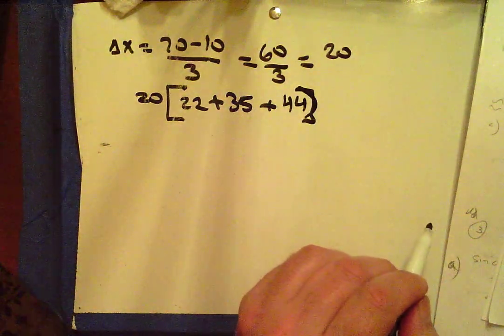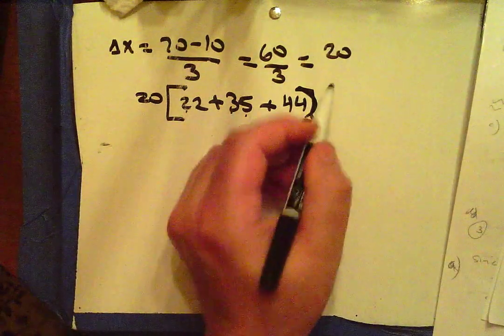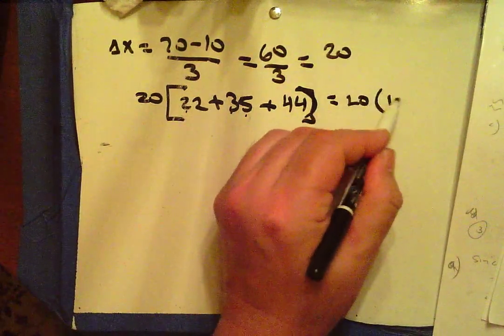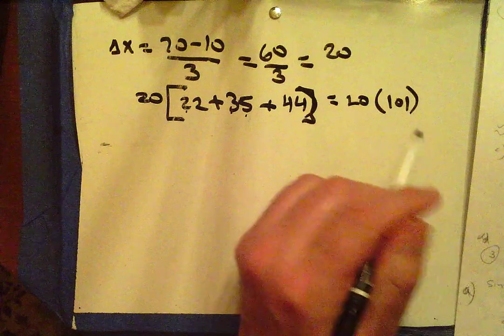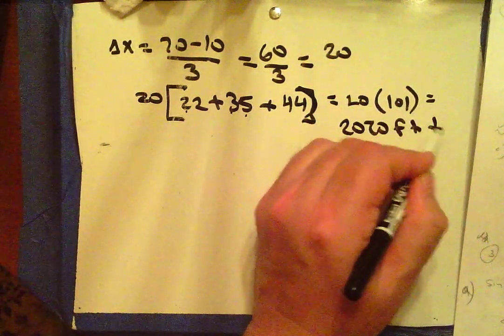Okay, so that's going to be the distance. That's 60, 90, 99, 101. 20 times 101, and I get 2,020 feet traveled.